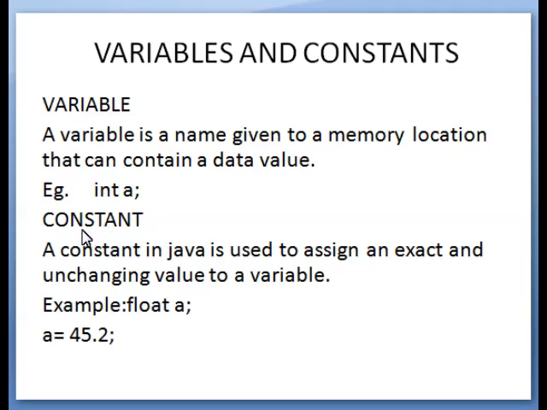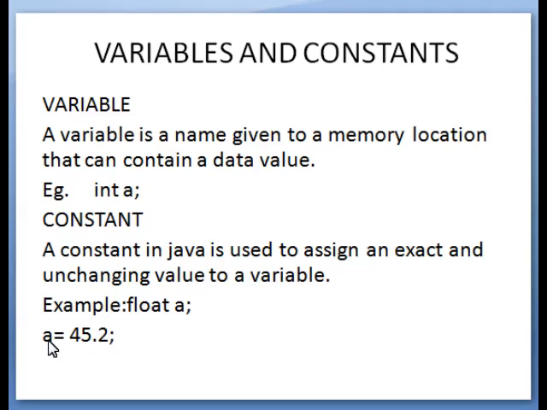The next one is constant. Constant means fixed value. A constant in Java is used to assign an exact and unchanging value to a variable. The value will not change, so it is called a constant. For example, float a. The data type is float, that means in the variable a we are going to store a decimal value. Float means a number with a decimal point.